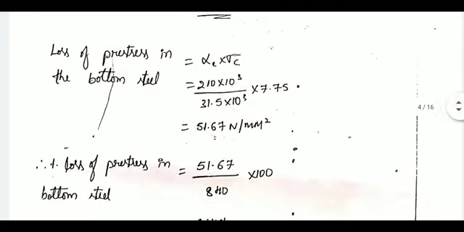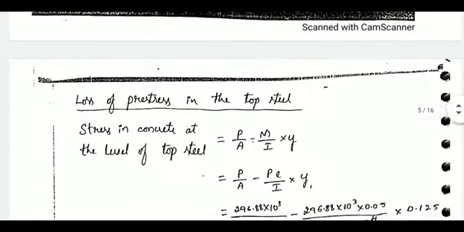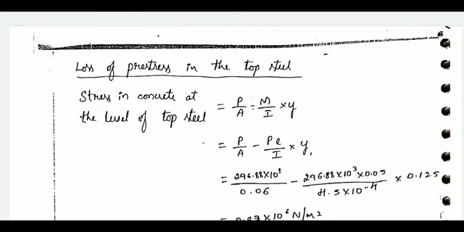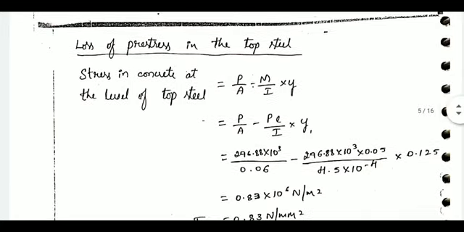You will get the loss. So for that, what is the percentage loss? Same way, the loss of prestress in the top steel, that is 3 cables we have. For that, the distance of the 3 cables from the centroid of the section is 125 mm, that is 0.125 here. You should remember this clearly, how to consider the Y value.